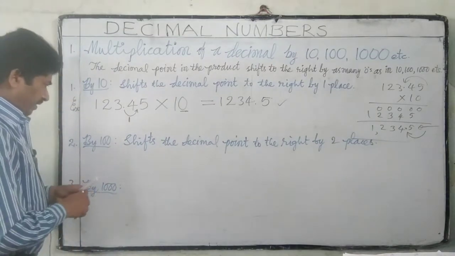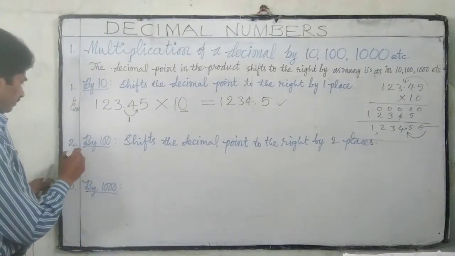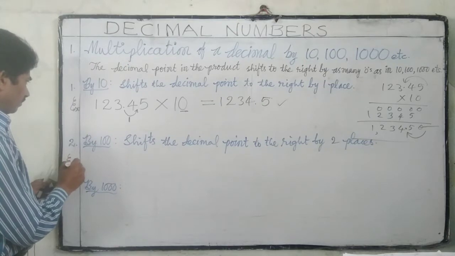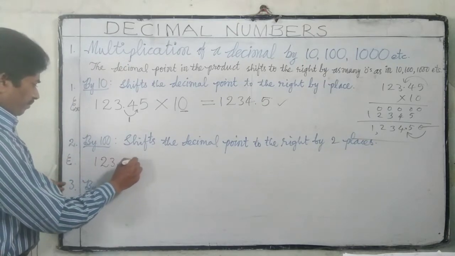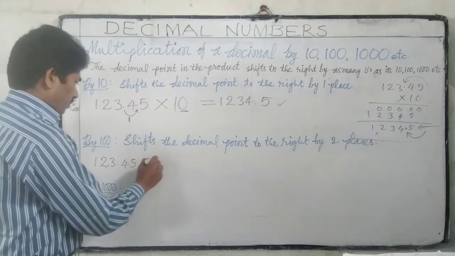Let us observe one example. 123.45 into 100.